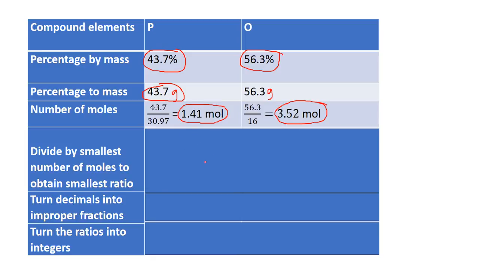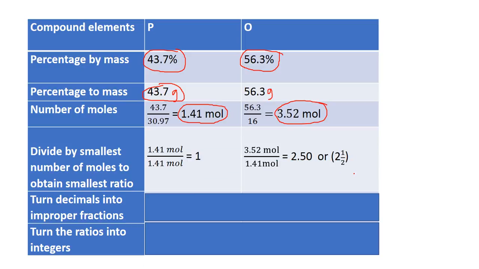So we are going to divide the moles of phosphorus and the moles of oxygen by 1.41 mole and see what we are going to get. So 1.41 mole divided by 1.41 mole gives us 1. 3.52 mole divided by 1.41 mole gives us 2.50.